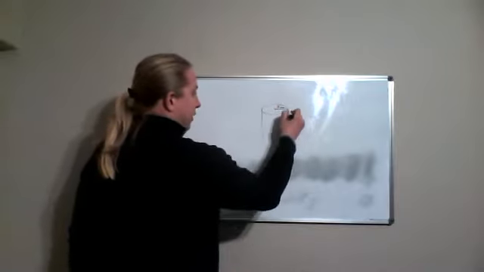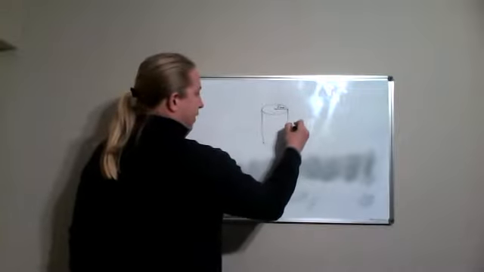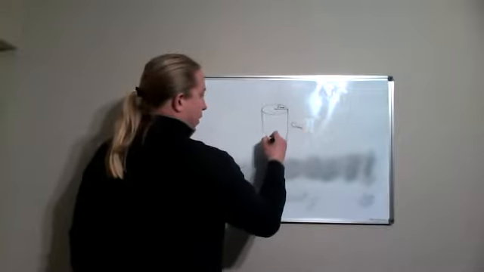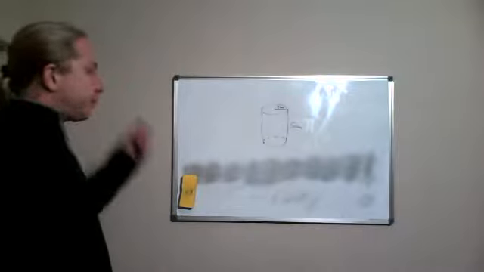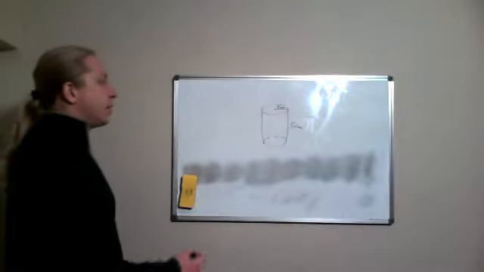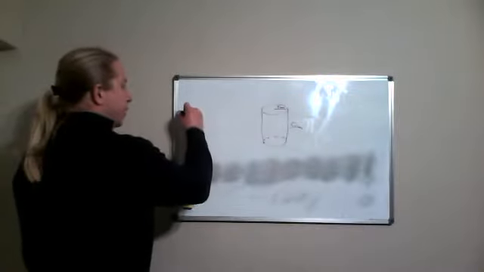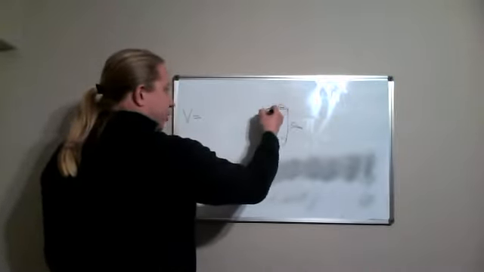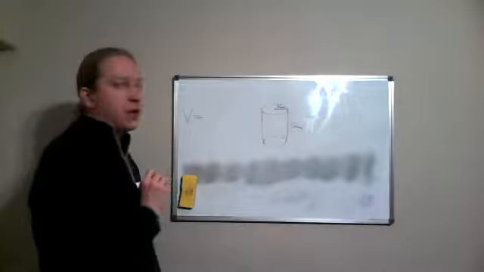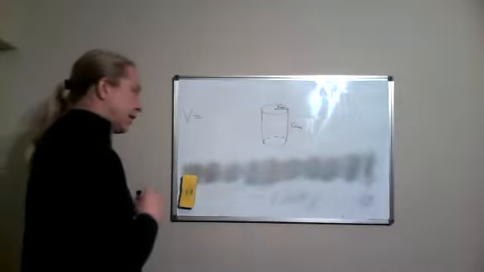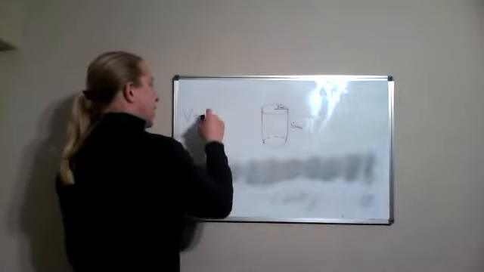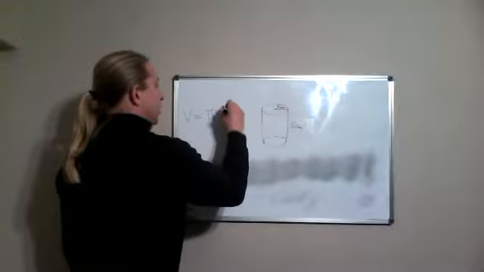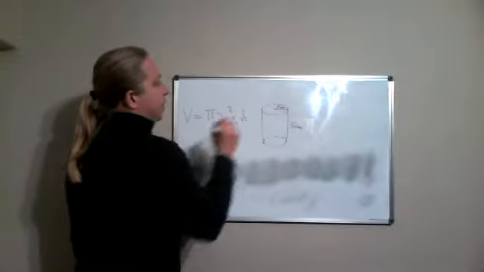And the height of the cylinder is 5 centimeters. Okay. So we need to find the volume of the cylinder. Remember, the volume formula is the surface area of the circle times the height of the prism, or rather the cylinder. So what is it? It is pi r squared multiplied by the height.